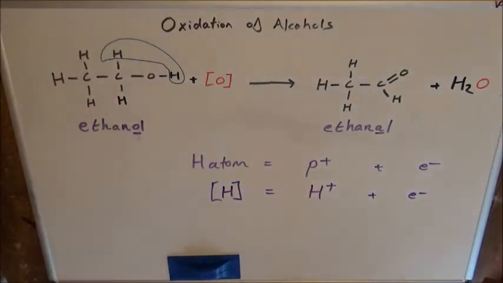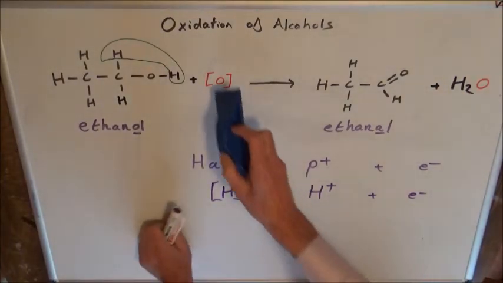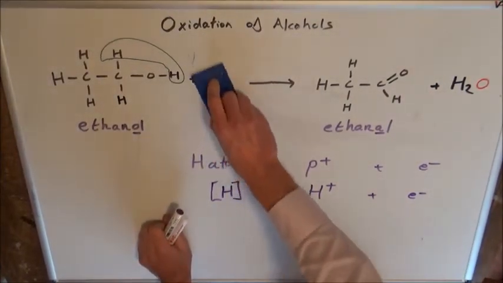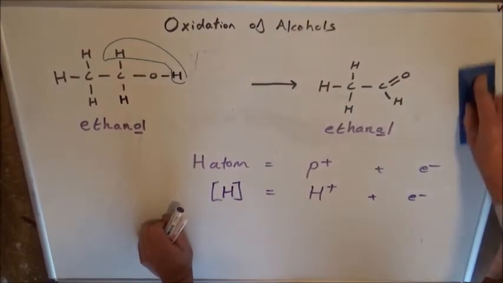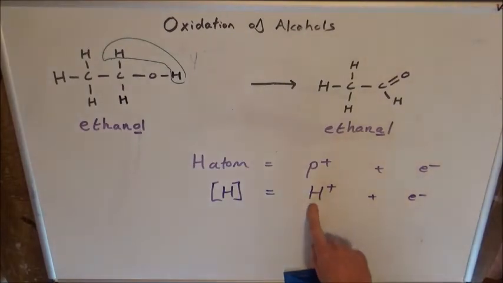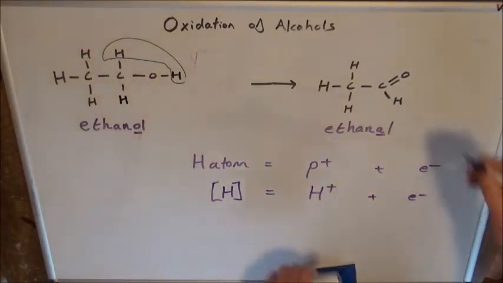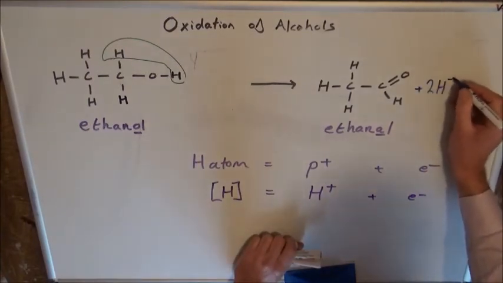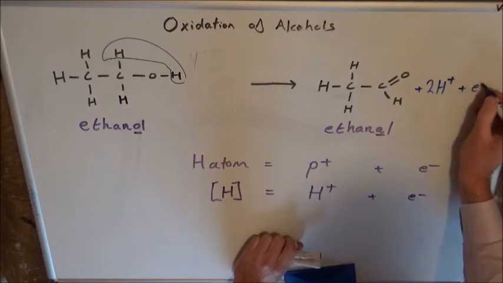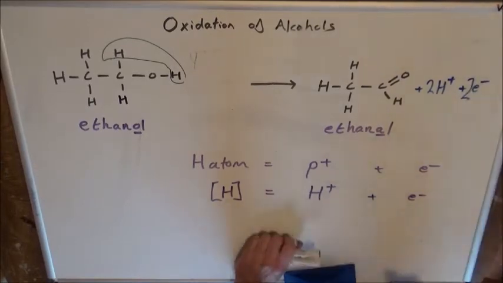So if we go back to my earlier representation of this reaction, just get rid of that one and just show the two hydrogens coming off. And instead of showing two hydrogen atoms, I'm just going to write a proton and an electron for each hydrogen atom. So it's going to be plus 2 H plus, 2 electrons.